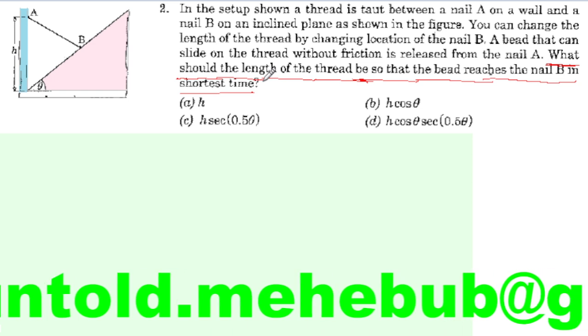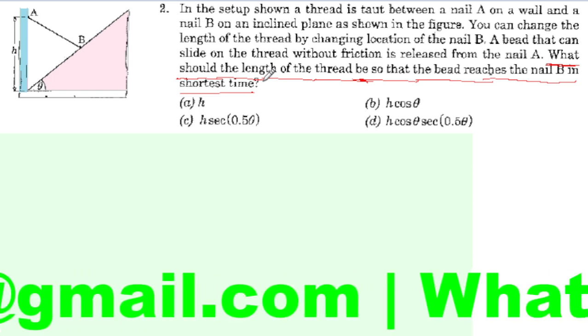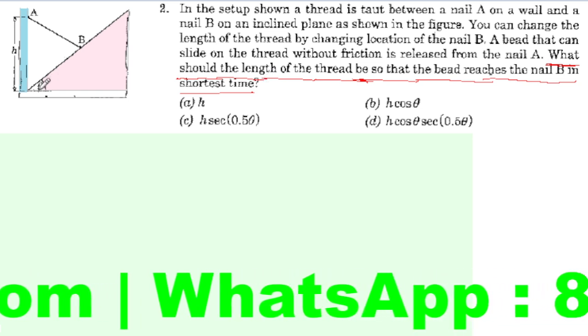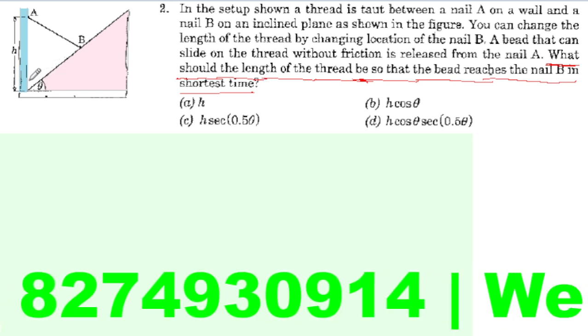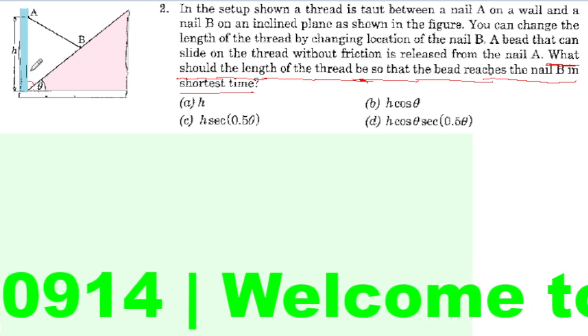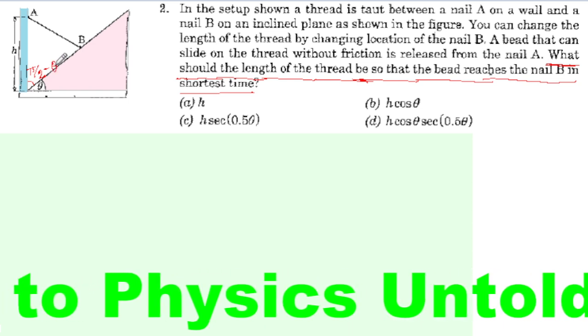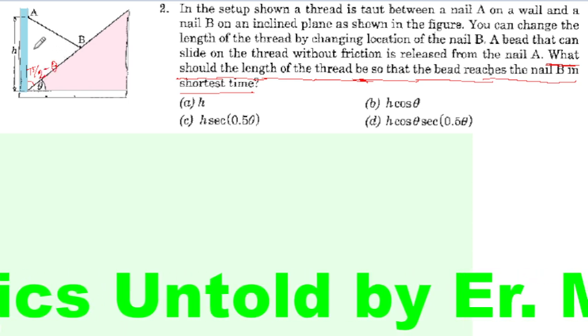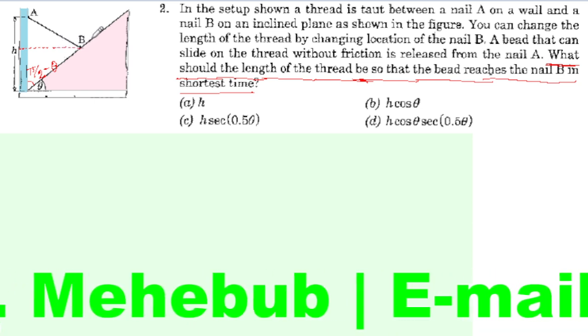Now we can again solve this question by using the maxima minima theorem. So let this angle be θ, which is also mentioned in our question. Therefore this angle is equal to π/2 minus θ.